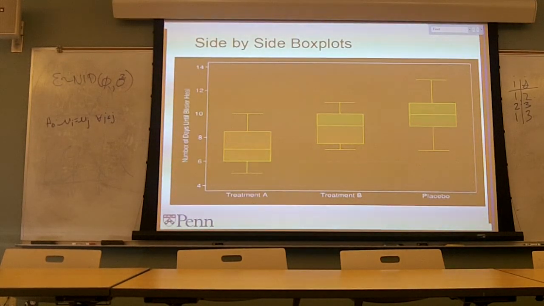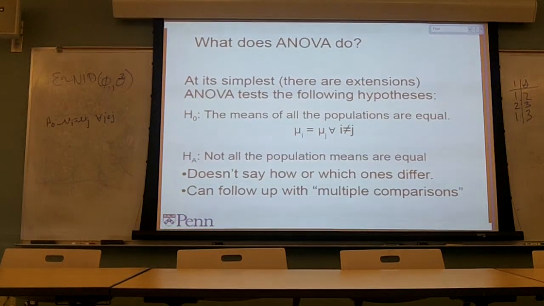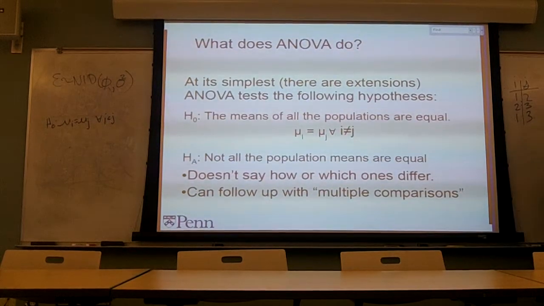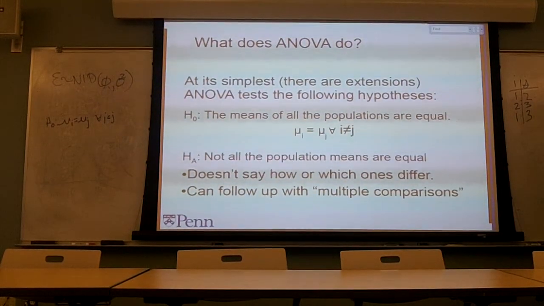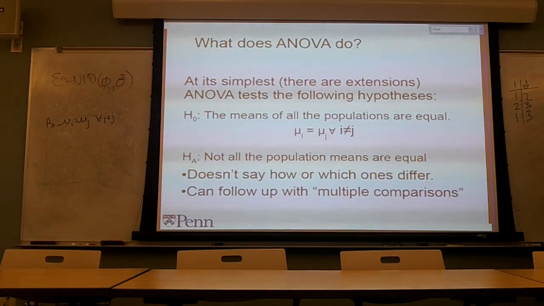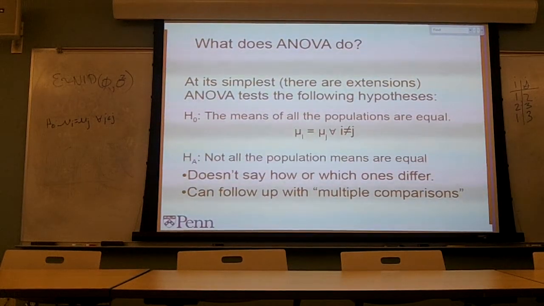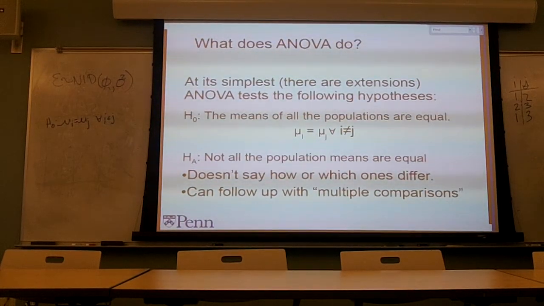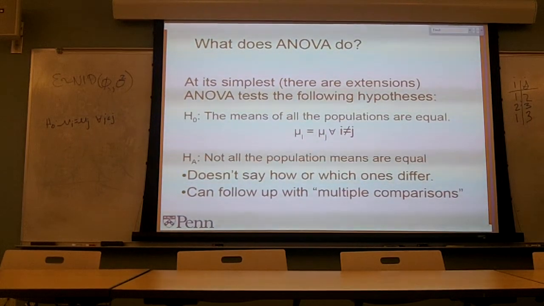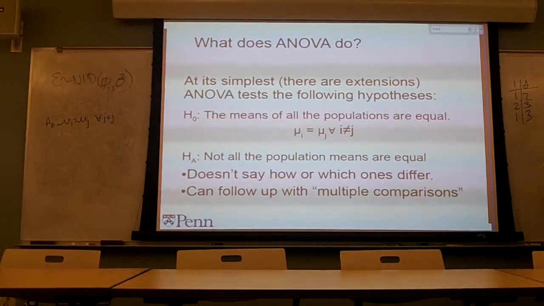All right, so what does the ANOVA do? This is what we were talking about before. We talked about it being an extension of the independent samples t-test. It's actually an extension of the t-test in general, because I could do what are referred to as repeated measures ANOVA, and you've done a repeated measures t-test when you did a dependent samples t-test, when you had the same people measured at time 1 and the same people measured at time 2.